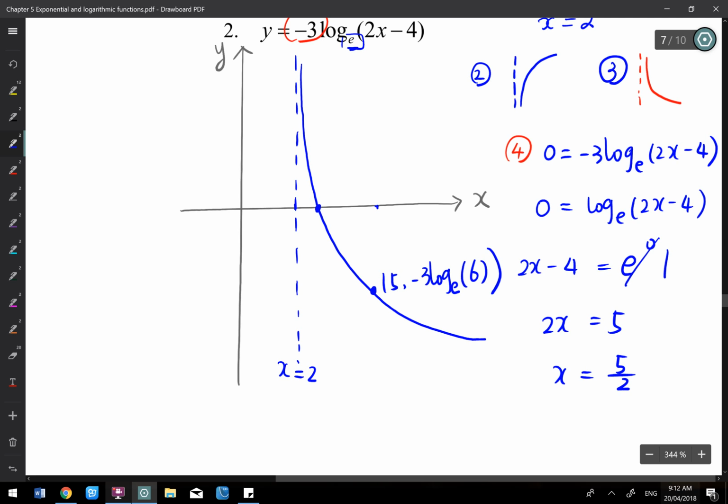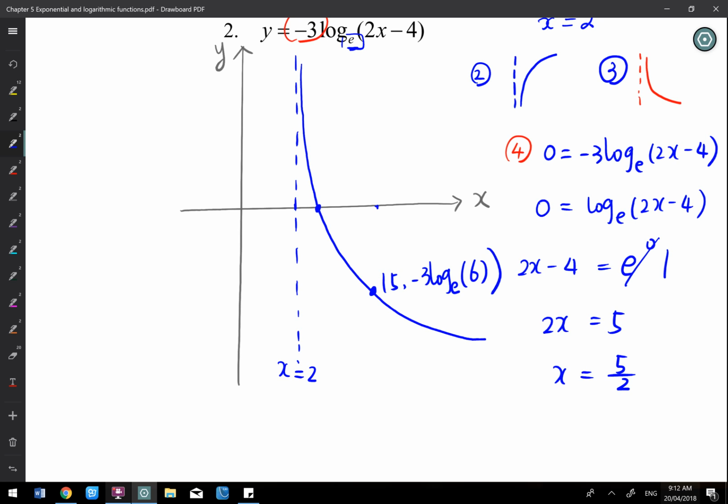Just give any point. I need 2 points on the graph to sketch it. Because you have base e, you can't really have an accurate number, so you will just leave the exact form. So it's negative 3 log e of (10 minus 4), which is 6. So that's how we sketch for log.